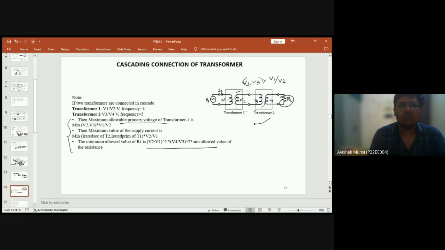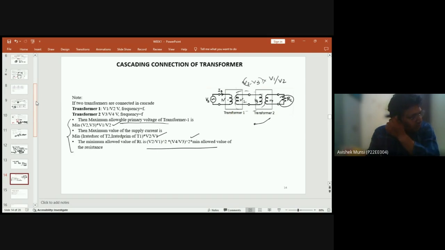Okay, so try to note it down in your copy and move into a problem. Try to note it down. This is the formula to solve the problems when the transformers are connected in cascade mode with a similar frequency.